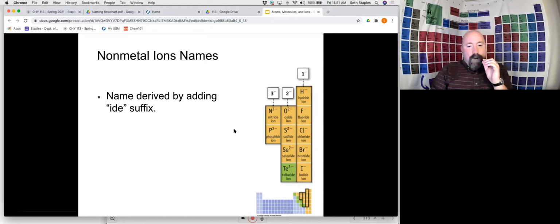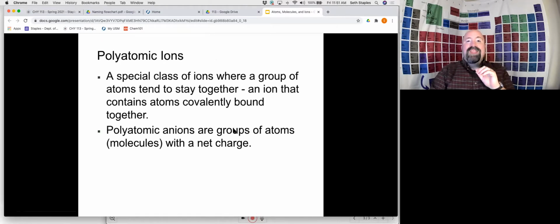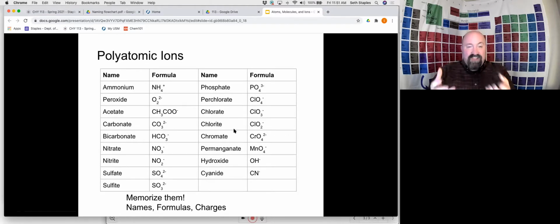Now, those are for monatomic ions, for ions that are made up of just one element. We also have a class of ion known as polyatomic ions. Polyatomic ions are groups of atoms that will tend to stay together as a compound, but now that compound is going to have an overall charge. There are several that you are just going to need to know that are very common polyatomic ions.